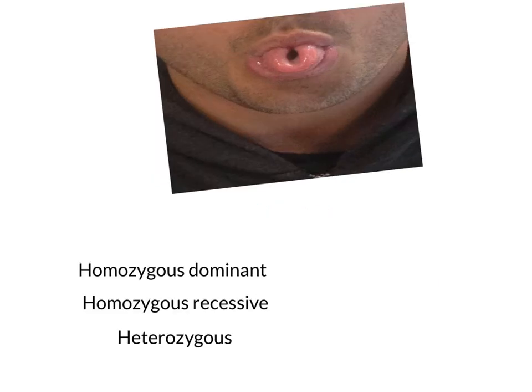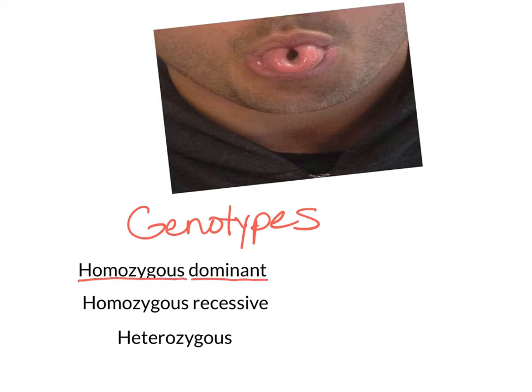So if we're looking at phenotypes and genotypes, on this page we're going to look at different genotypes. Genotypes are the actual genes that are present. One genotype that some might have is called homozygous dominant. Remember that homo means same.